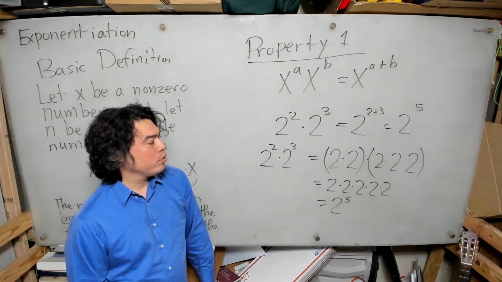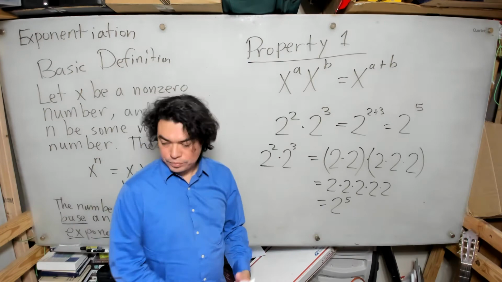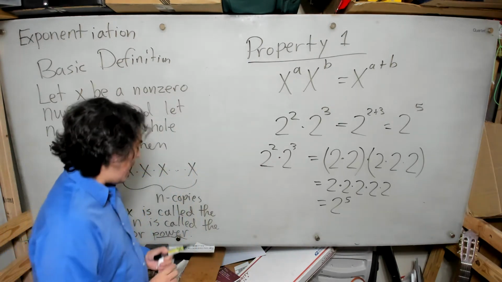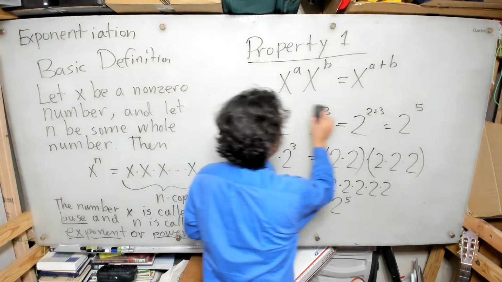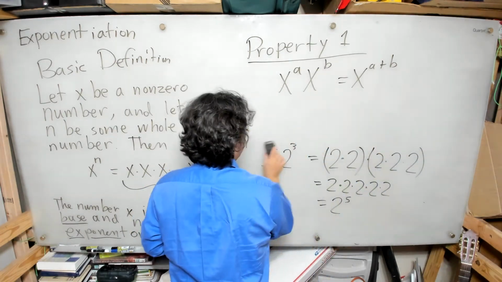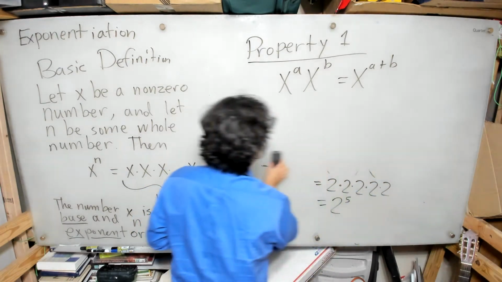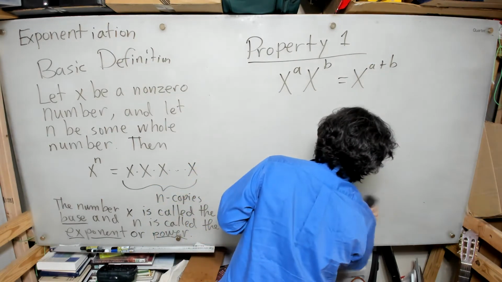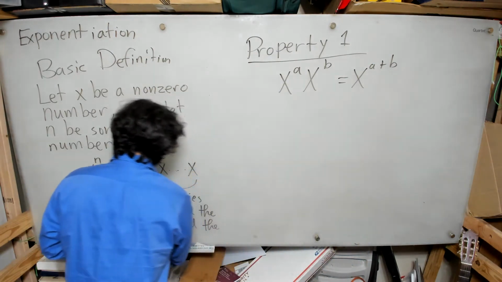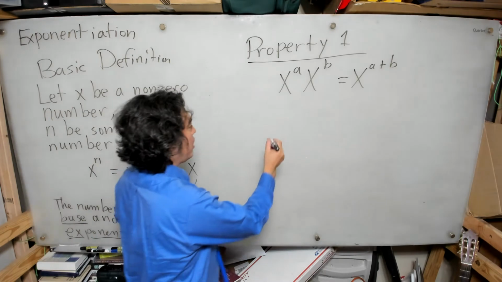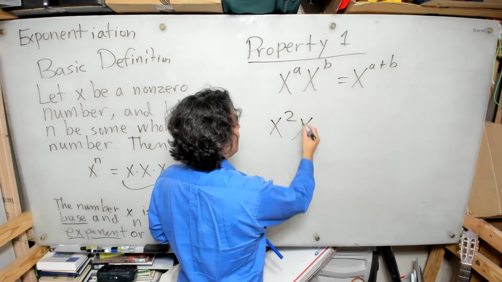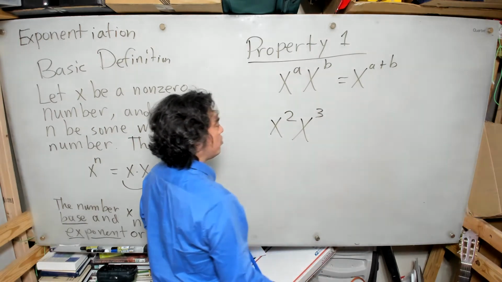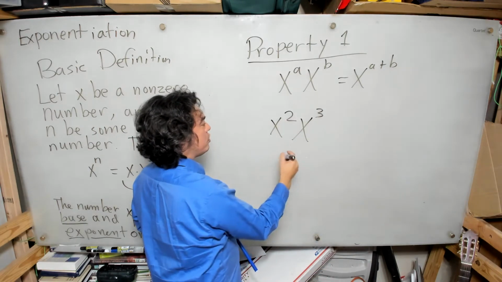Now I'm going to show you another example. This example is going to be a little more like what we're going to see in algebra, but I don't want you to panic yet either. So if I have x squared times x cubed, I'm going to use the rule first.